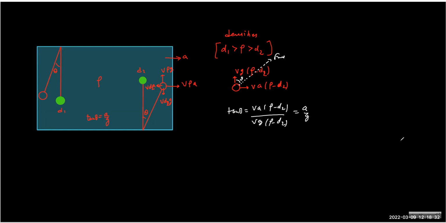So this is for the accelerating vessel part, and let's do one more problem for the pressure analysis. So you can very easily write the pressure in any kind of vessel.